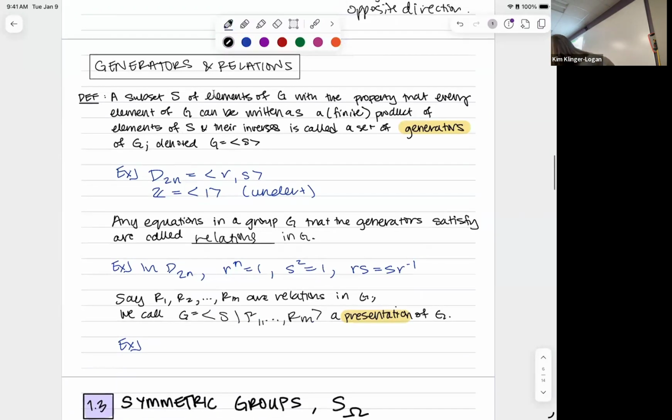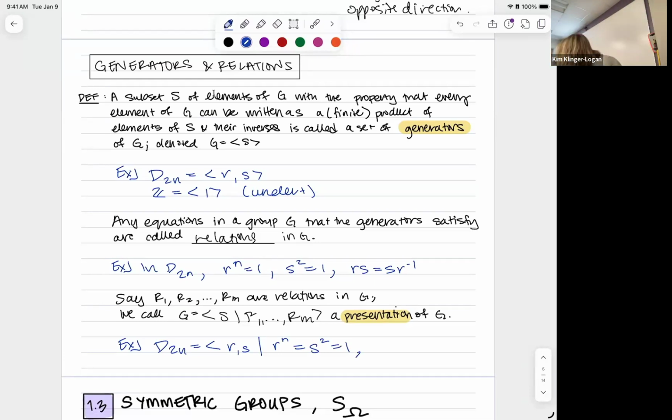So for example, for D2n, one way of describing explicitly this full group is that I have two generators, R and S, because I just need to take multiples of those things to get every other element of the group. But sometimes, eventually, we'll get back to the same things. So for instance, if I take R and apply it to itself n times, I get back to the identity. And same thing if I apply S to itself twice, I get back to the identity.